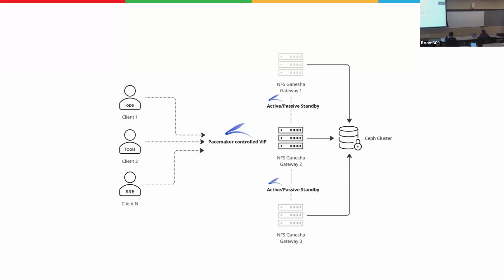This is a pacemaker-controlled VIP, and it will check on the availability and uptime of the NFS Ganesha instances, and elect another one in case something goes wrong. This has some performance drawbacks, and it would be nice if we could have this working with active-active, and that's what we have been working on for the past couple of releases. There are a lot of updates to that, which Goutham will cover right now.